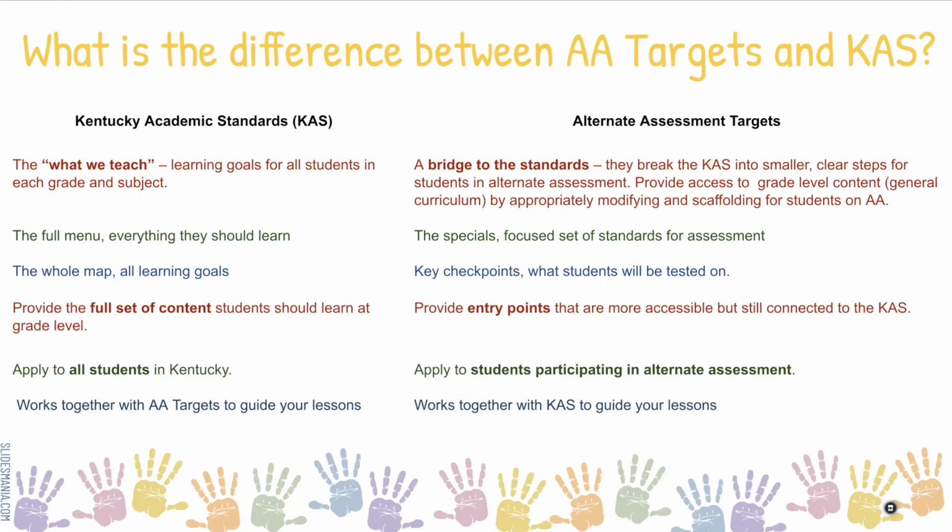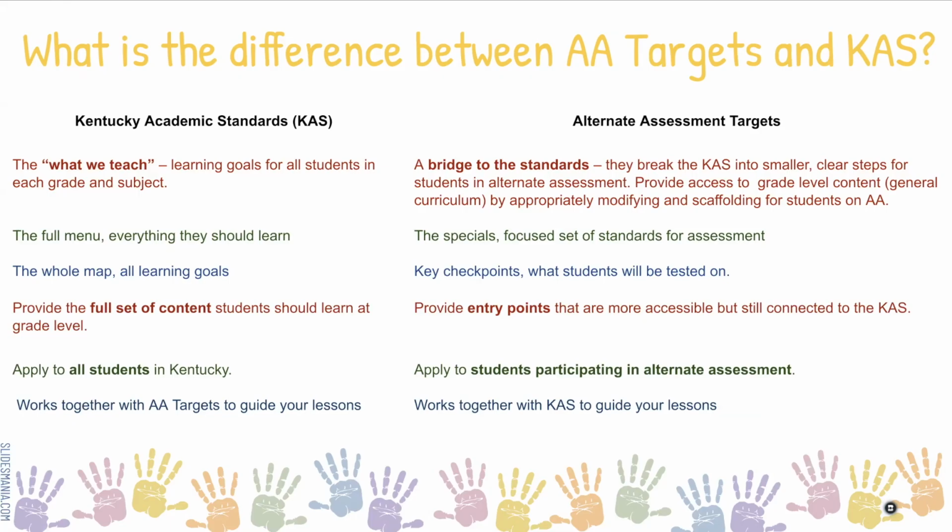Another example for the KAS is looking at it like a full menu. So it's everything that they need to learn. And then your alternate assessment targets are just the specials, like a focus set that's for assessment. Kentucky Academic Standards is a whole map, whereas alternate assessment is just key checkpoints.